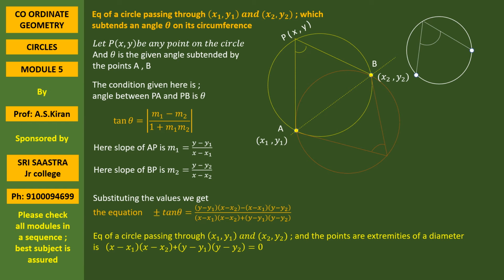The equation of a circle passing through x1, y1 and x2, y2, where the 2 points are extremities of a diameter, comes from the above formula. You can consider that denominator, (x minus x1)(x minus x2) plus (y minus y1)(y minus y2), equal to 0. Please remember that also. The above formula is very important.